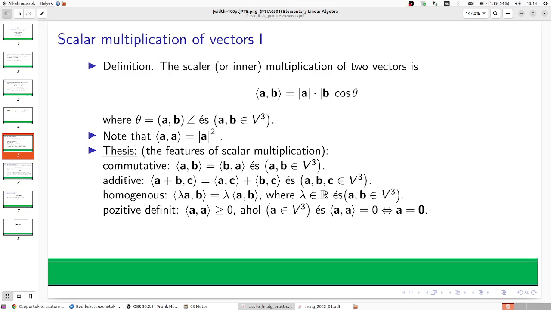You can do what is allowed. Here, these four features are given for the scalar multiplication. You can use this when you do the calculation, or you can do some deduction, for example.